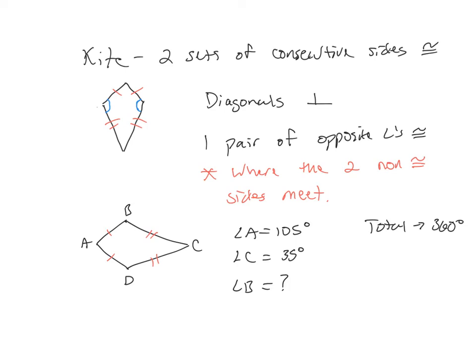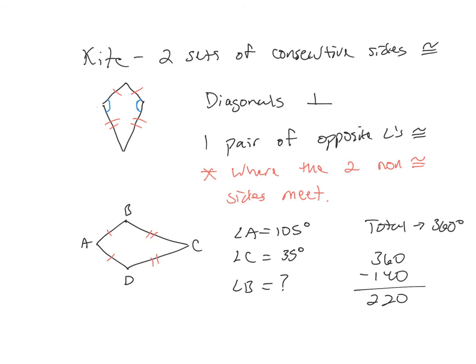Talked about that at the very beginning of the chapter, but 3 sides being 3 angles in a triangle, 180. 4 angles being 360. Those are the two that really should be memorized. So these two add up to 140. So I have 220 left.